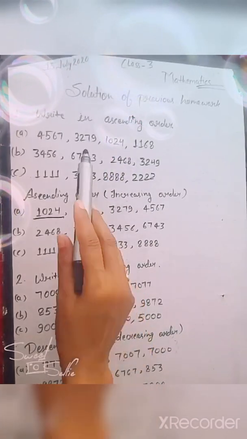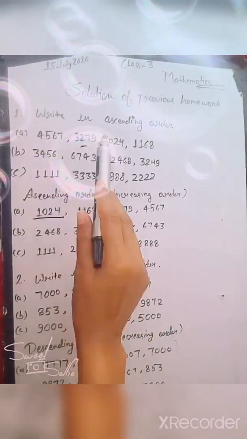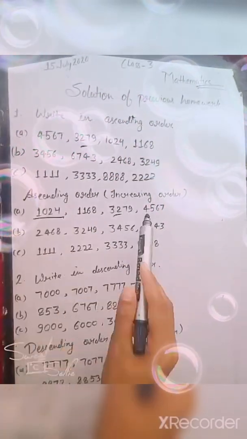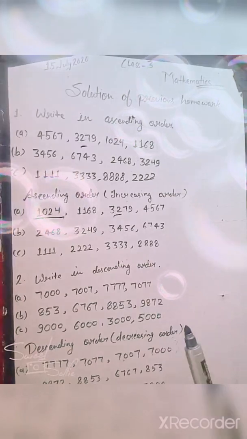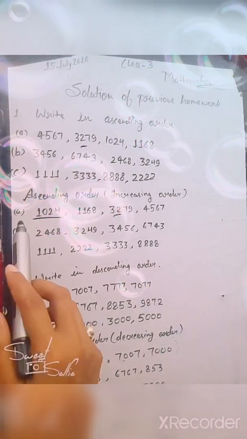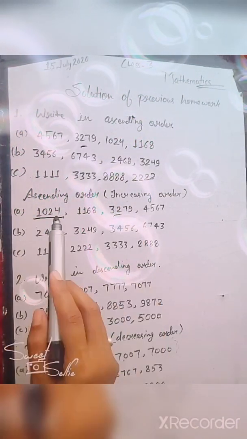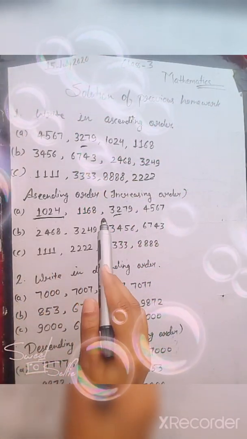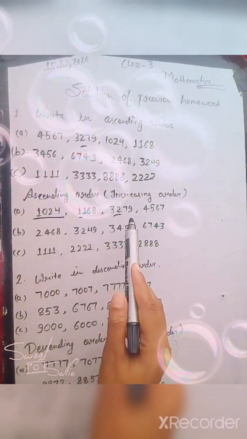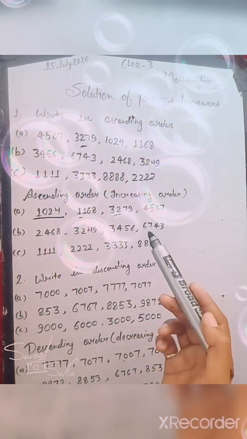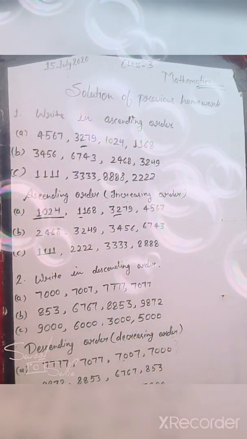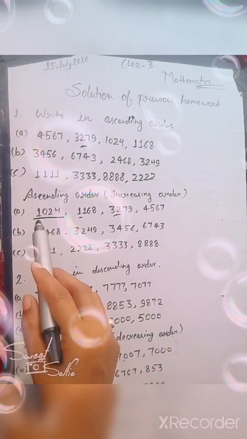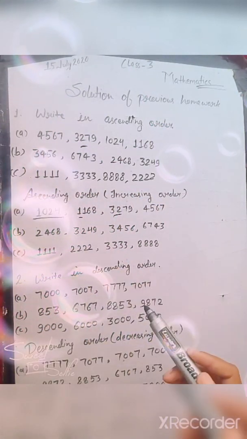Next 3279, and the greatest number is 4567. Okay, so in ascending order: 1024, 1168, 3279, and 4567. You can see these numbers in increasing order.